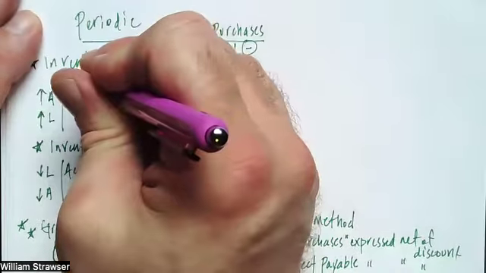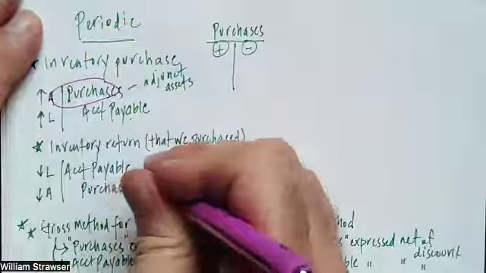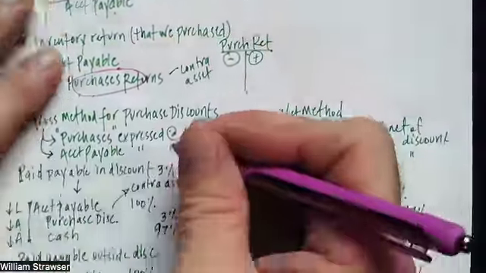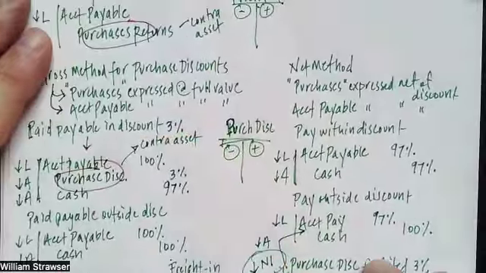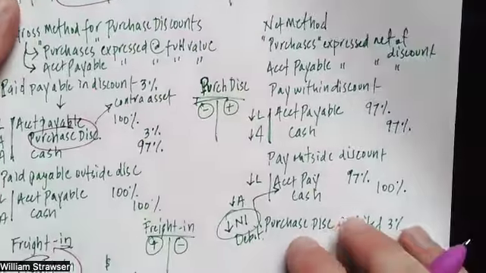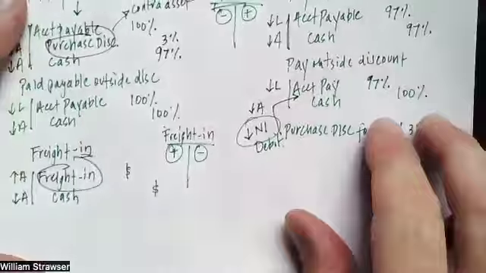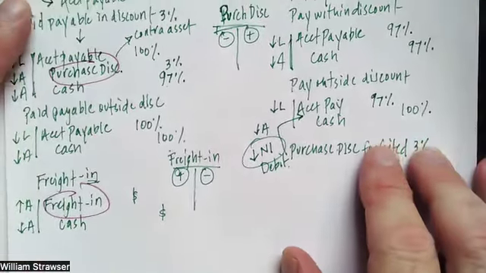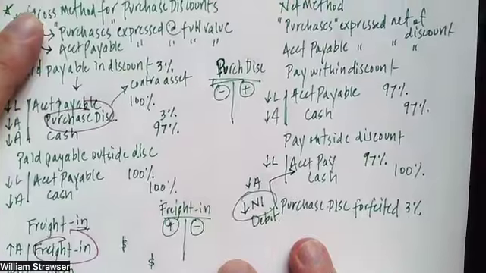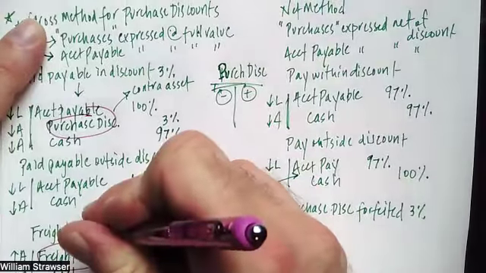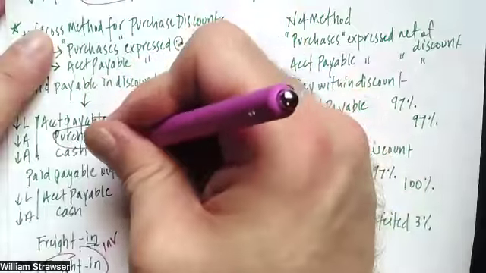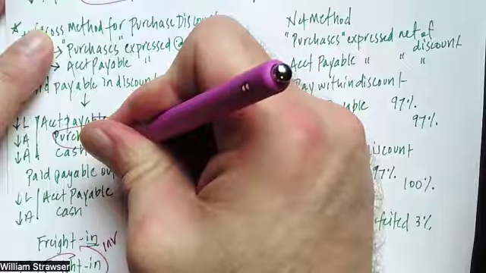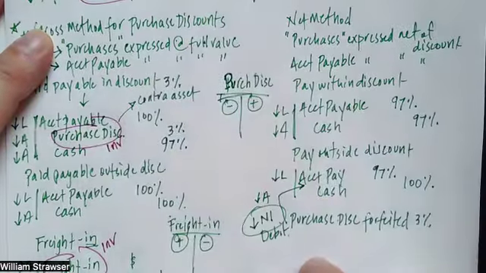Under the perpetual system, purchases, purchase returns, purchase discounts, and freight, all four of those accounts that we just covered in these simple transactions become inventory. So under the perpetual system, instead of debiting freight, we debit inventory. Instead of crediting purchase discounts, we credit inventory.